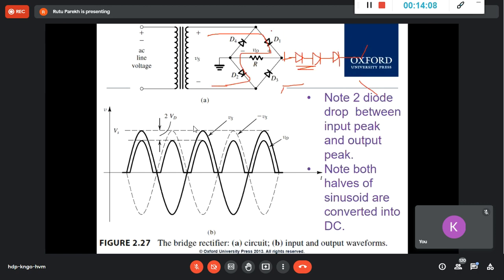So this voltage plus this voltage plus this voltage plus this voltage is 0. Now what is this? Ma'am, I am asking between which 2 terminals we are taking the output.